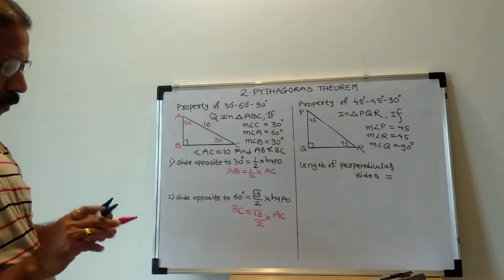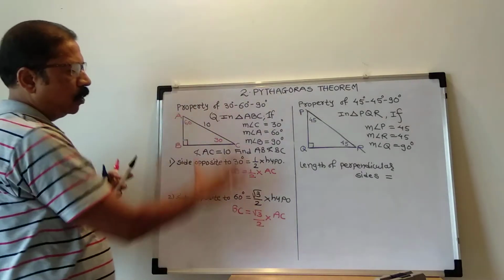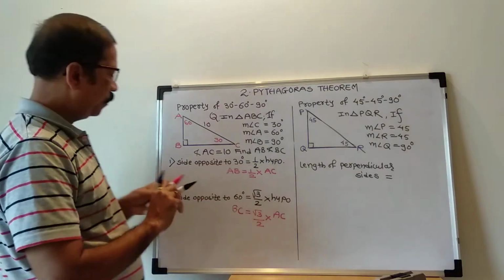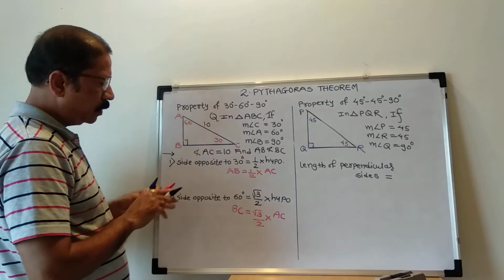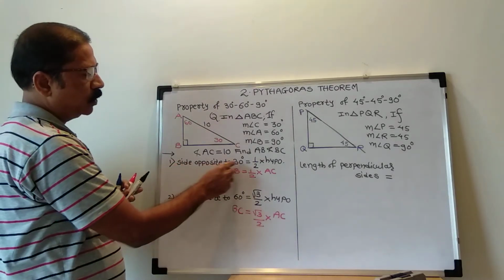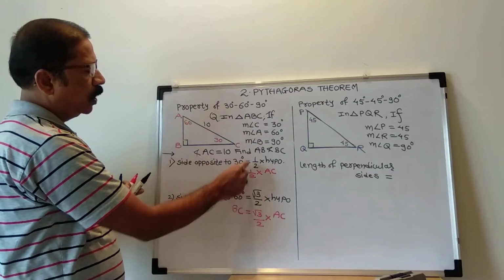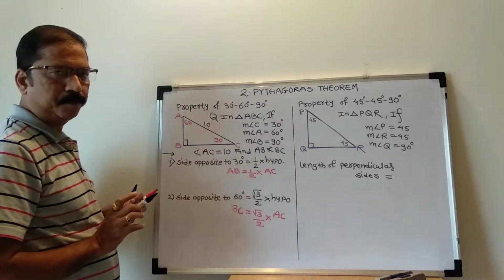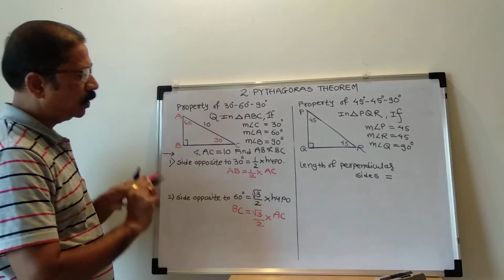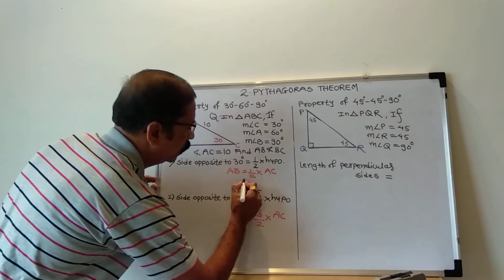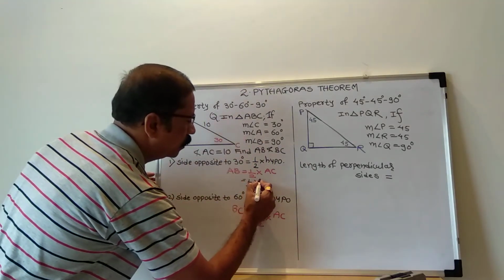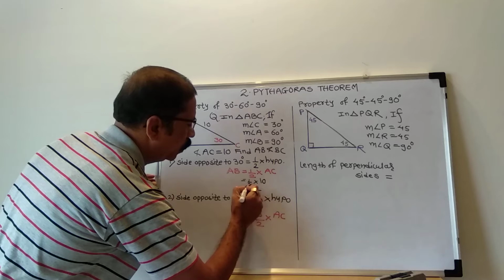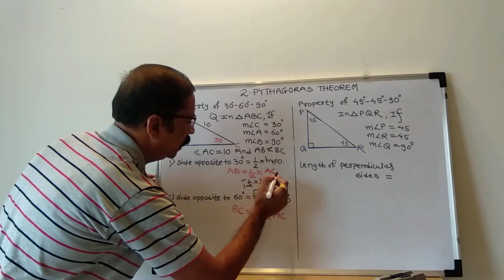Then how to solve the sum? See, all the steps remain the same. This is your solution. First you have to write the formula. Side opposite to 30 degree, that is AB, is equal to half of the hypotenuse, that is AC. Substitute the value. AB is equal to half into AC, which is 10 centimeter. 2 ones are 2, 2 fives are 10.